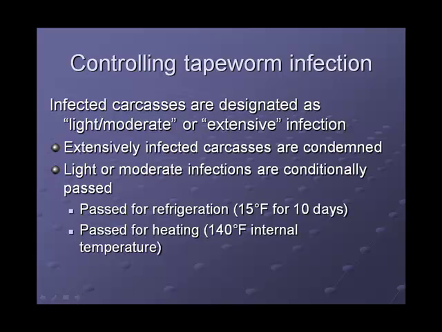And there's a couple of processes that are effective for this. You can refrigerate the carcass at 15 degrees Fahrenheit for 10 days. If you don't have the storage facilities for that, you want to fabricate the carcass, put it into a boxed beef product, then you have to refrigerate that for 20 days. But that is effective. Alternatively, it can be passed for heating.